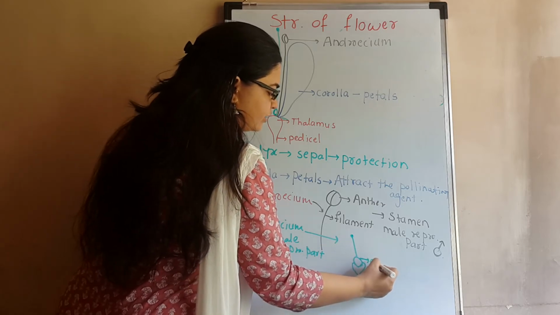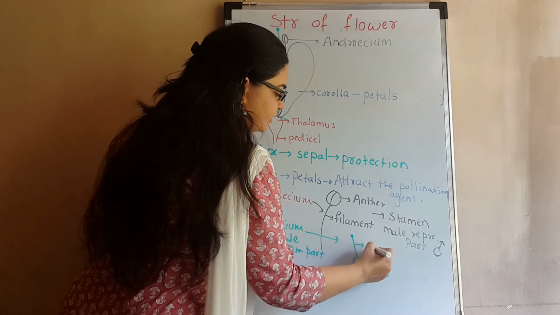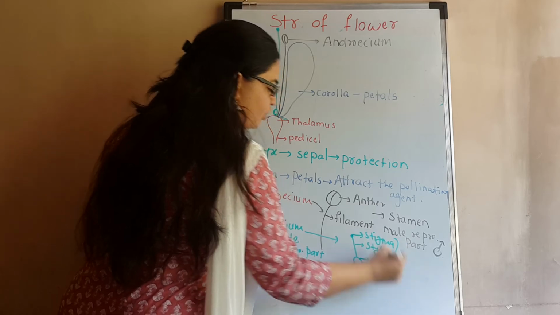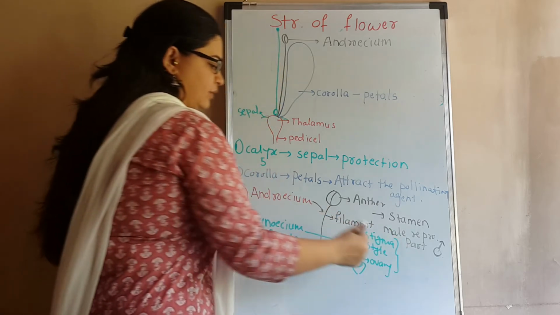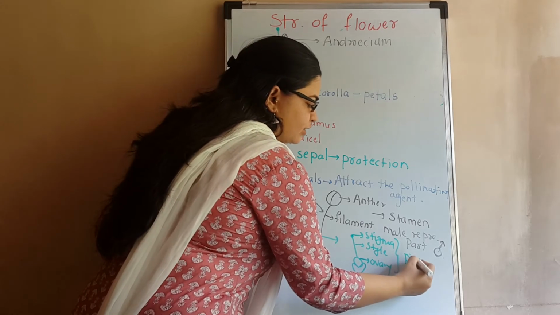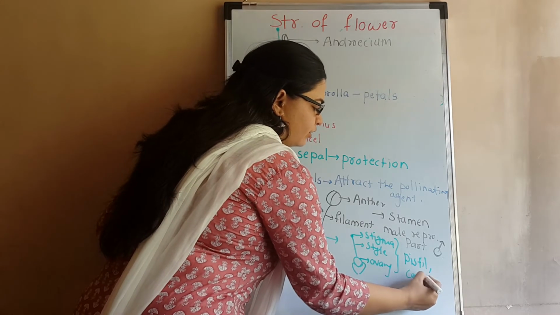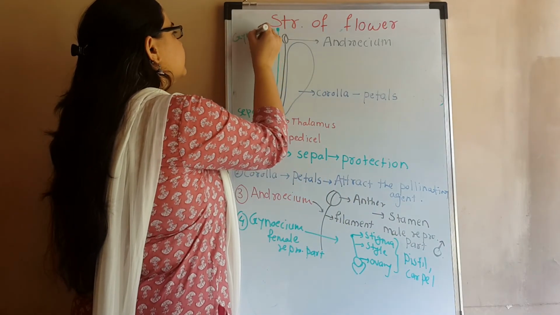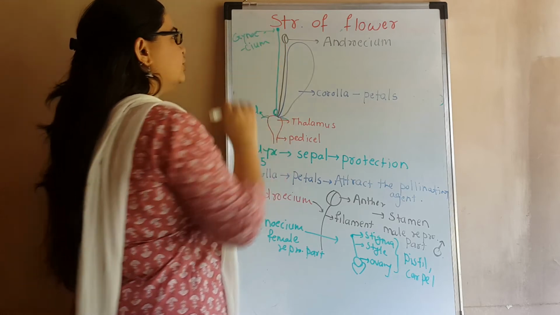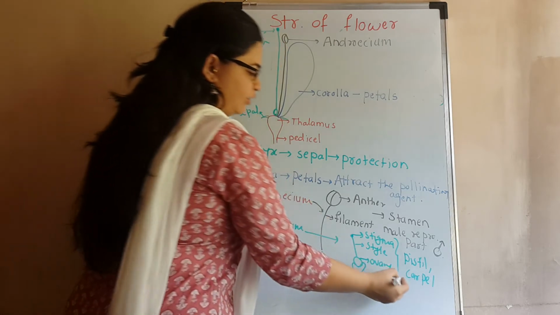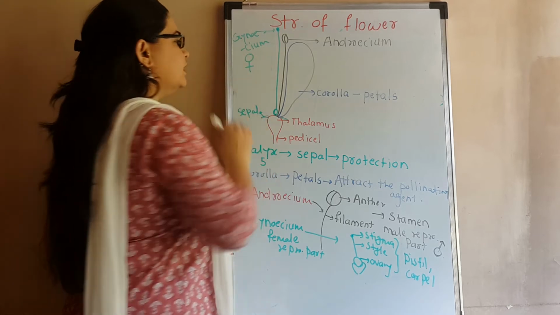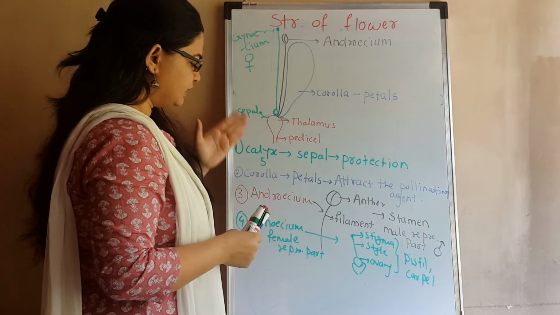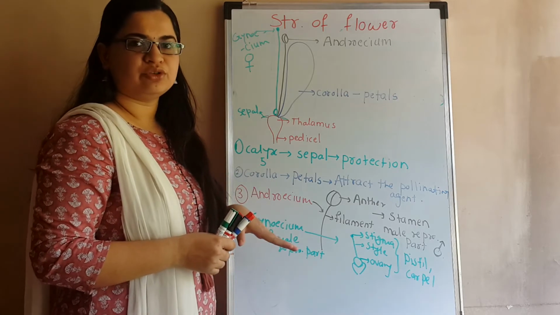Here it's an ovary, here it's a style and stigma. So commonly called the gynoecium. The member of it is called the pistil or carpel. This innermost whorl is known as the gynoecium. It's a female reproductive part, and you can also use this sign to represent the female reproductive part in the flower. So yes, these are all four very important whorls of a flower.